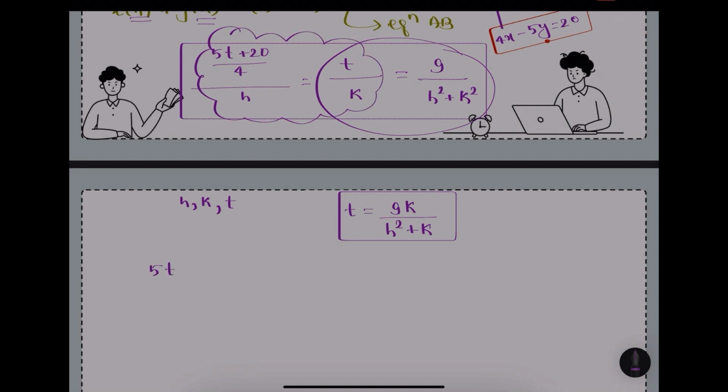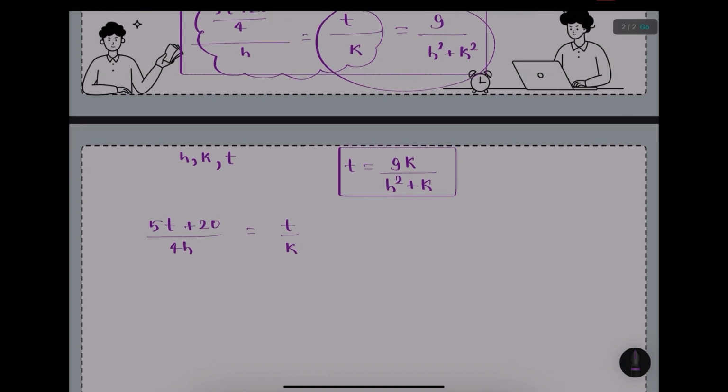Now to write down the final equation I'll compare these two things. So it is (5t plus 20) by 4h is equal to t by k. Now replace t. So can I write (5 times 9k upon (h square plus k square) plus 20) by 4h is equal to (9k upon (h square plus k square)) by k.